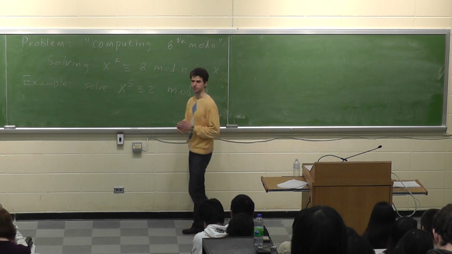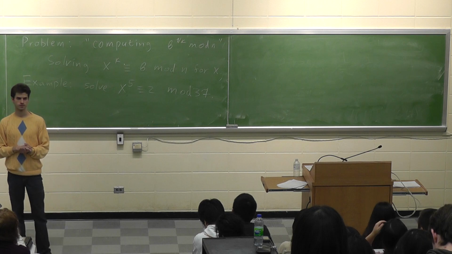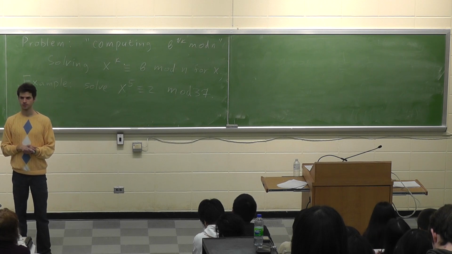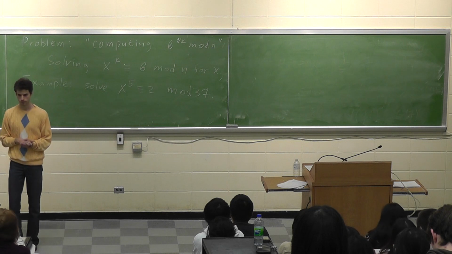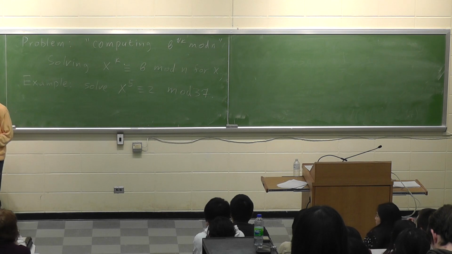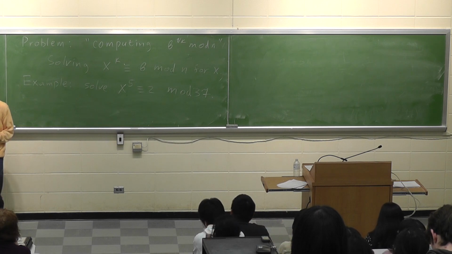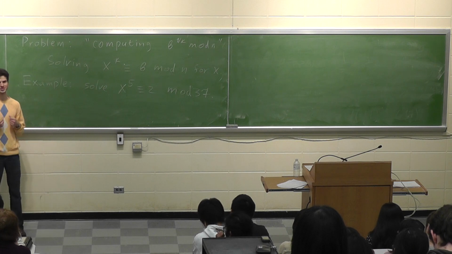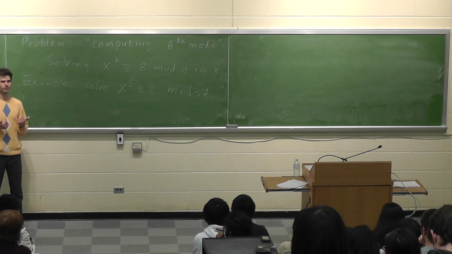So maybe any suggestions? You know how to compute a power, and a root is just the inverse. It's kind of a numerous operation, but how do we reverse the complicated computation? I mean, recall how we actually compute the powers.